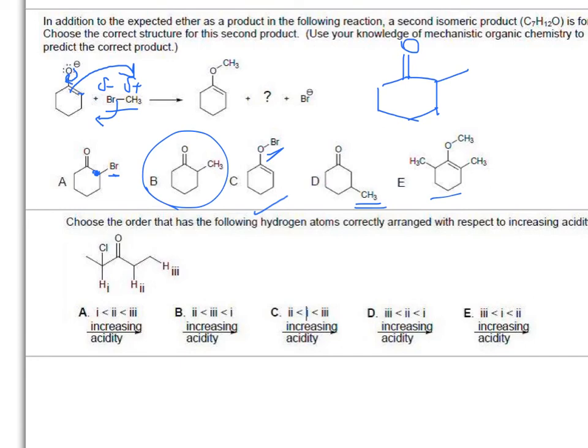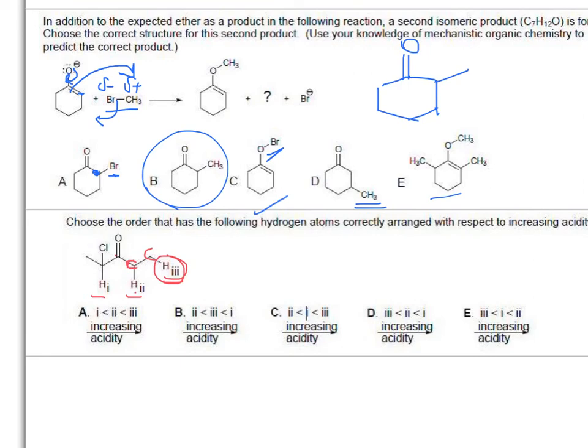Next question is, choose the order that has the following hydrogen atoms correctly arranged with respect to increasing acidity. So you have three different protons, and they're asking which one is least to most acidic. So hopefully you can see that the first one that I have right over here, H3, is connected to a carbon. The second one is connected to a carbon, which is connected to a carbonyl.